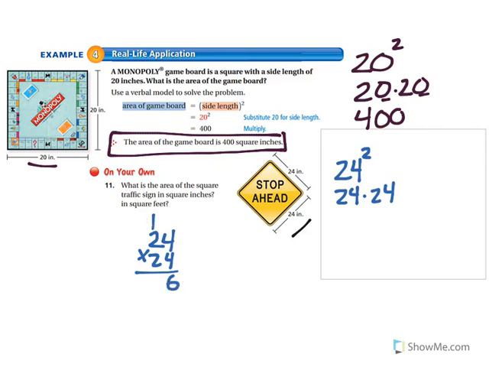Carry the 1. 4 times 2 is 8, plus 1 is 9. I'm going to bring my 0 over here now. And 2 times 4 is 8. 2 times 2 is 4. And I can add. 6 plus 0 is 6. 9 plus 8 is 17. Carry my 1. 1 plus 4 is 5. So 576.